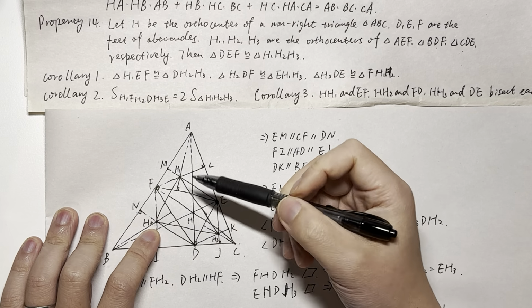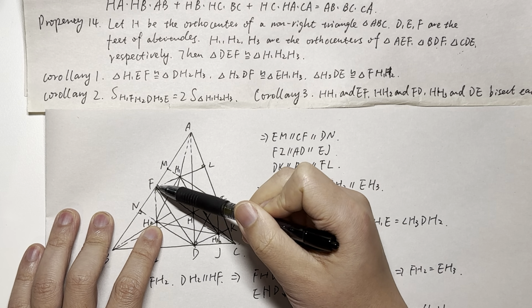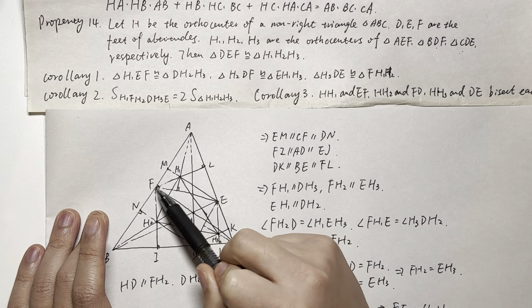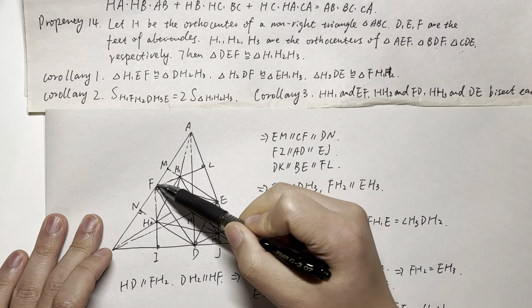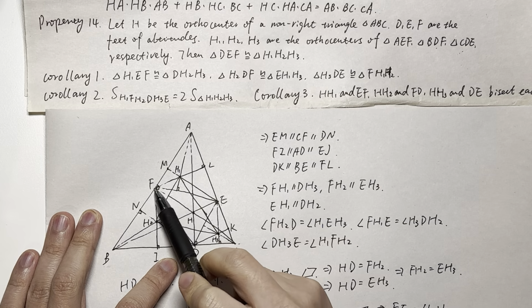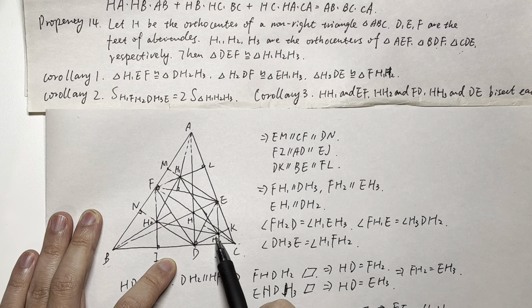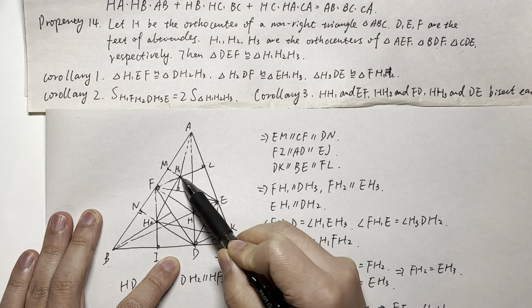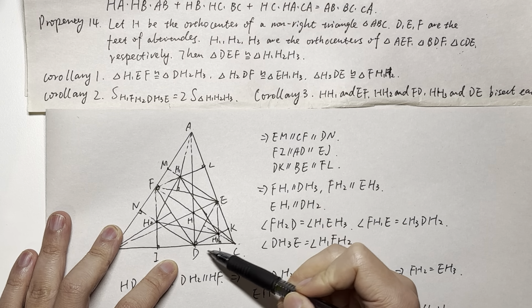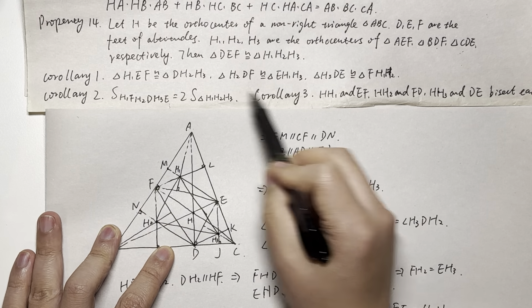We actually already proved that, because H2H3 equals FE, and also because FH1 is parallel to HE. Actually FH1 is parallel and equal to HE, which is parallel and equal to DH3. So these two are equal, these two are equal, these two are equal. That means triangle FH1E is congruent to triangle H3DH2. And the other parts are the same.